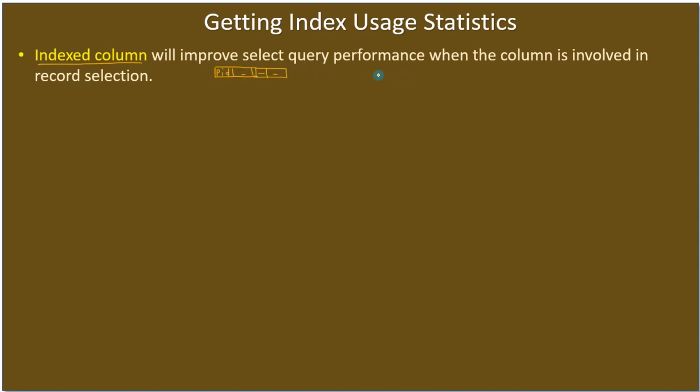Or if this product table is joined with some other table, say order or order detail, through product ID, then there will be a comparison based on product ID, right? That means the column is used in record selection. So in all these cases, the presence of an index will improve the query performance while retrieving the data.